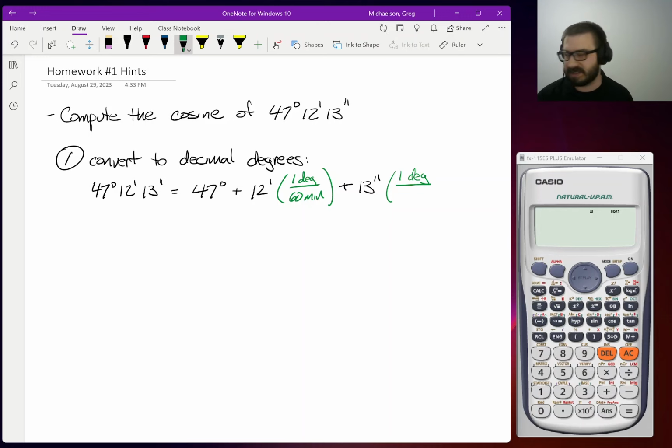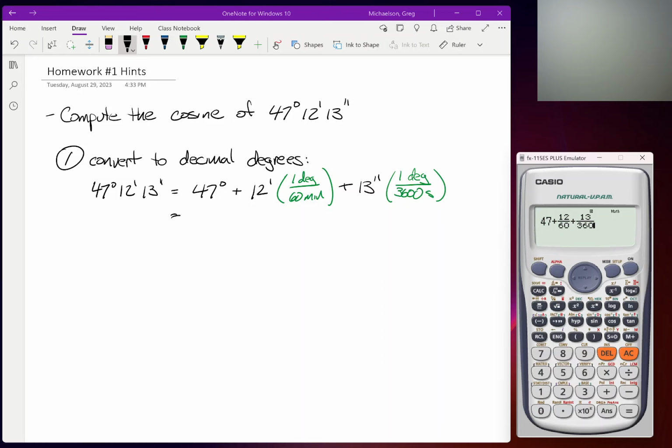So it would be 60 squared or 3,600 seconds, okay? And so when we chug that out, I've got a little calculator pulled up here, I have 47 plus 12 over 60, and then plus 13 over 3,600.